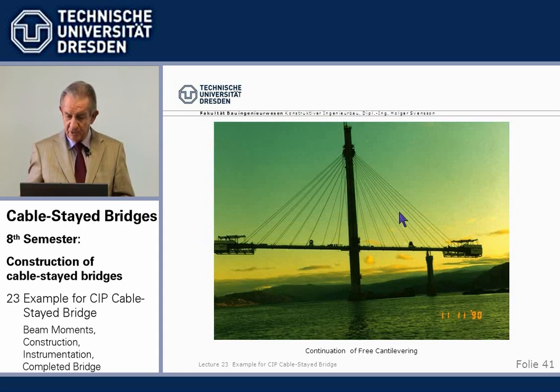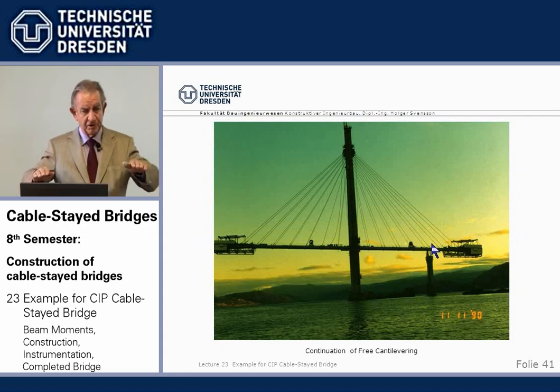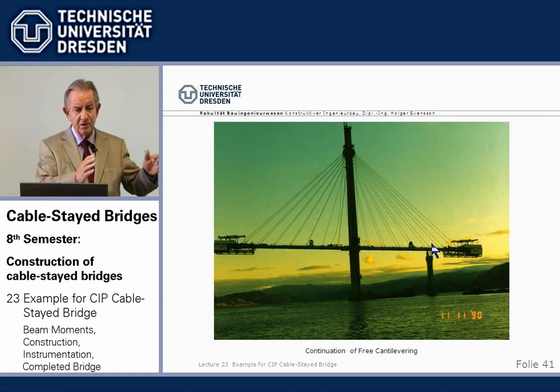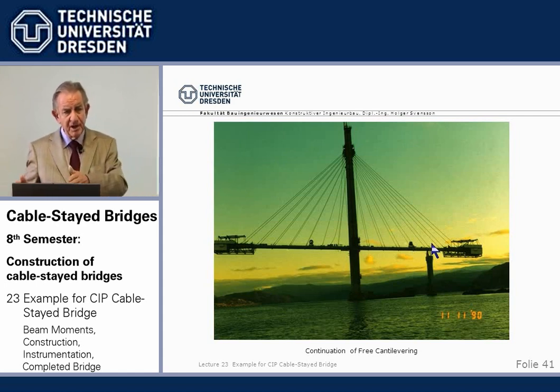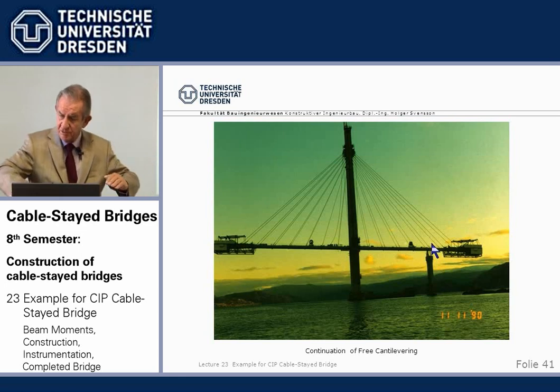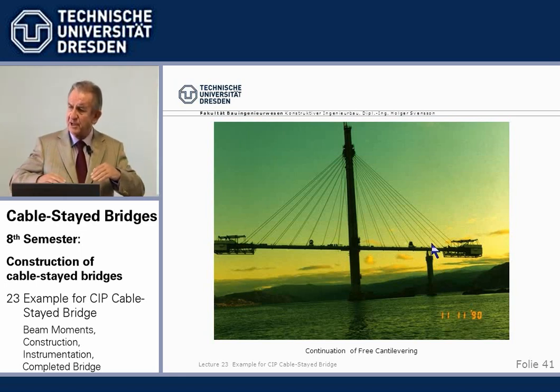We needed one auxiliary pier in the side span, not for vertical reasons but for horizontal reasons. If we have wind blowing on one cantilever much more than on the other, which cannot be excluded, then we get a horizontally rotating moment, and that was something the tower couldn't take.